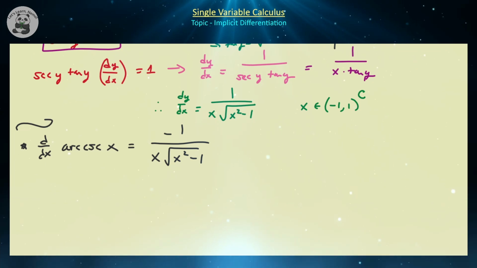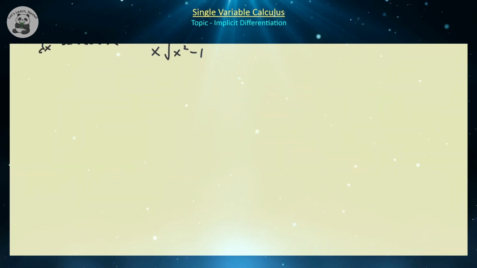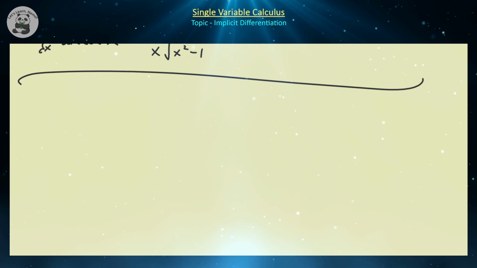Now, we have 6 hyperbolic trigonometric functions. Hyperbolic sine, cosine, hyperbolic tangent, cotangent, hyperbolic secant, cosecant. And all of them have their rules, so let's just quickly go through them. We're not going to prove them, but I leave to you as an exercise to show that they are indeed what they are. So the first is the derivative of arc hyperbolic sine of x.